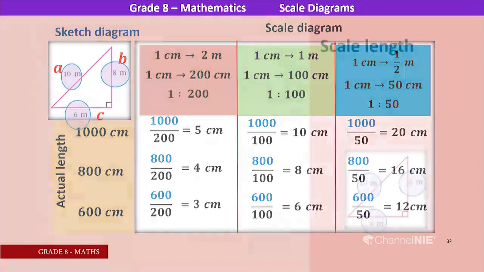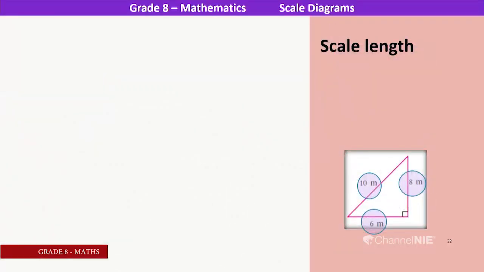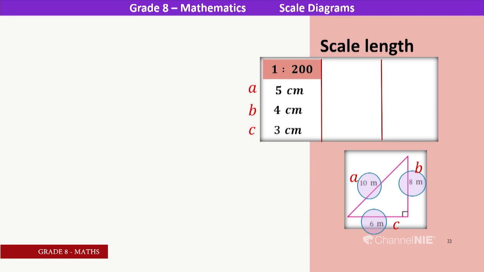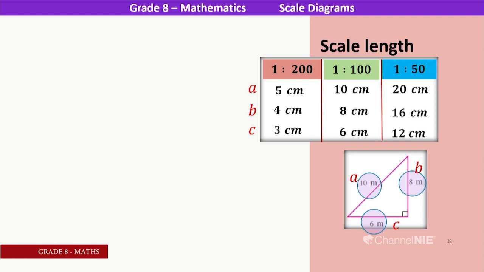Now, how to draw the scale diagram? Scale length 1 to 200: 5 centimeter, 4 centimeter, 3 centimeter. 1 to 100: 10 centimeter, 8 centimeter, 6 centimeter. 1 to 50: 20 centimeter, 16 centimeter, 12 centimeter.